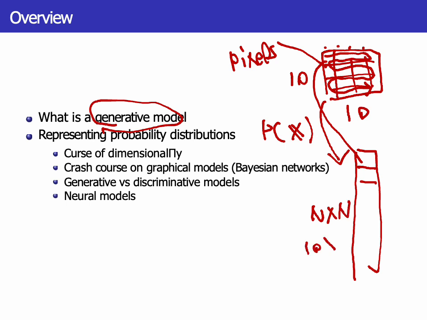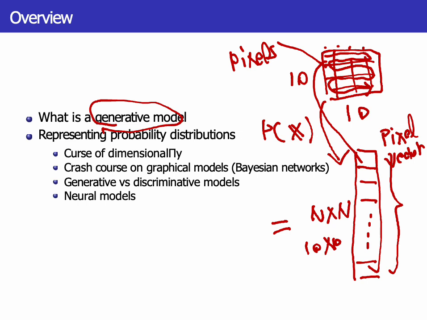Here, it is 10 by 10. This is a pixel vector, and let us define this vector to be x.